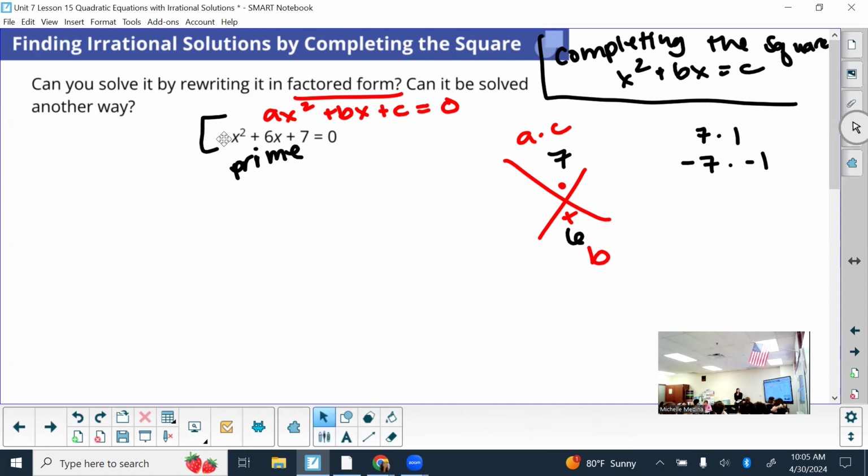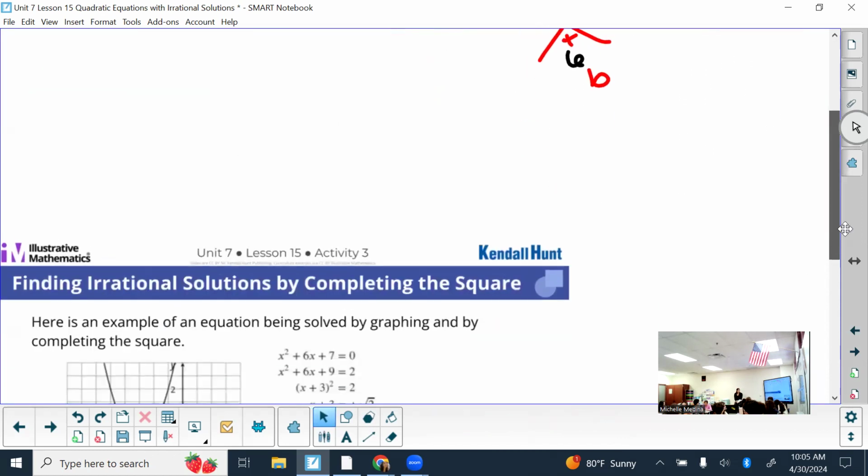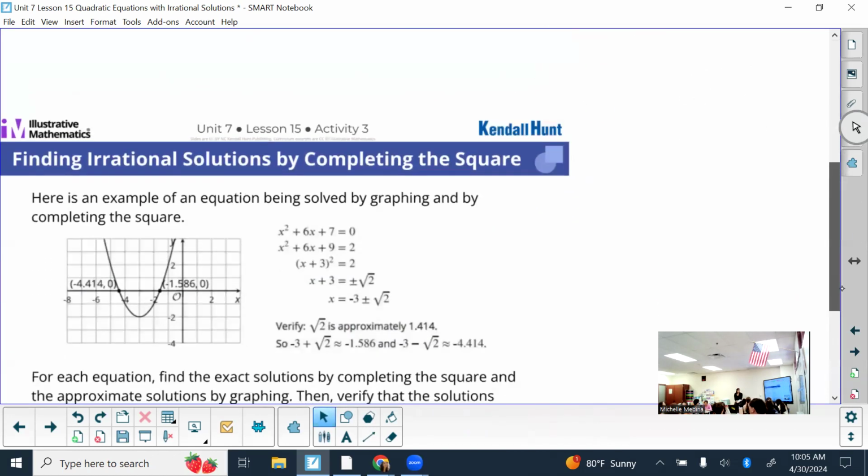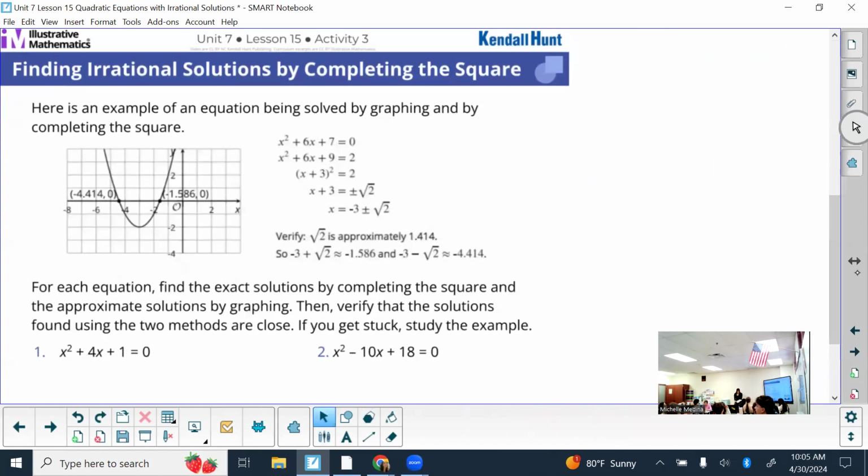So if you try typing this in during your test, you would see that the x-intercepts are decimals.